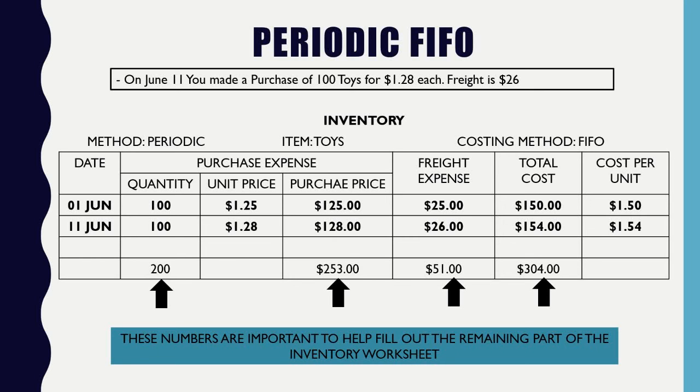But because my slideshow is too small, I couldn't fit it on the worksheet without you not being able to read it. So that's why it will make more sense when we actually look at the inventory worksheet ourselves after this. So I got the figures from this section right here.